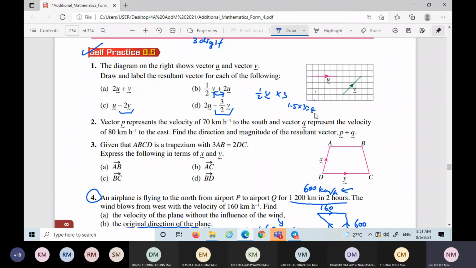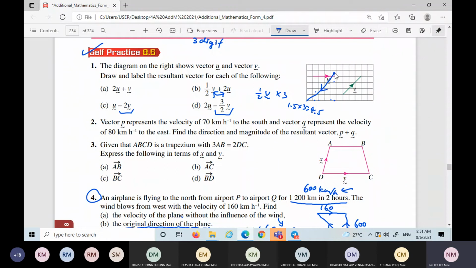So this is 4.5 boxes. So you count 1, 2, 3, 4, 4.5. From here to here, this direction is positive. This is negative, so pointing down.